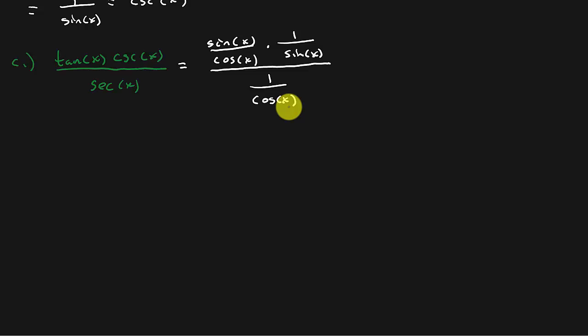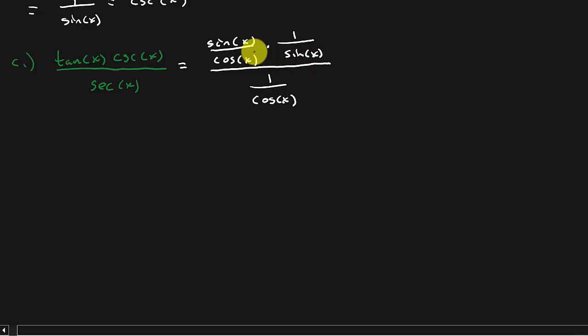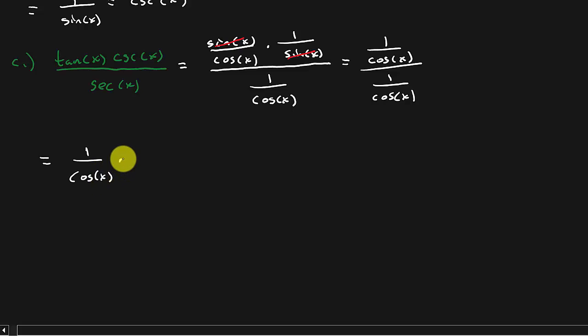If we multiply these two in the numerator together, the sines cancel out, and we're left with 1 over cosine over 1 over cosine, and that simplifies to 1. The 1 over cosines cancel. Another way to look at it is 1 over cosine x times the reciprocal of this, cosine x over 1, which gives you 1.